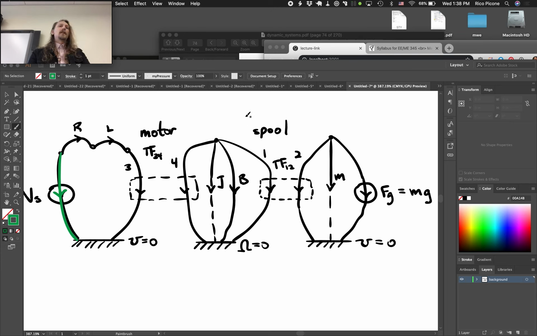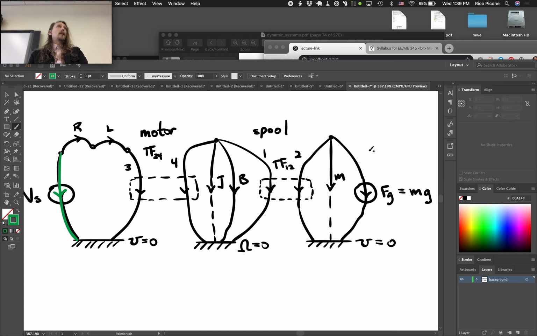That's because their velocities are directly coupled, right? The angular velocity of the J element is directly coupled to the translational velocity of the mass. They're directly coupled through the spool, and so we don't have 2 independent A-types here. We have just one independent and the other one is dependent.